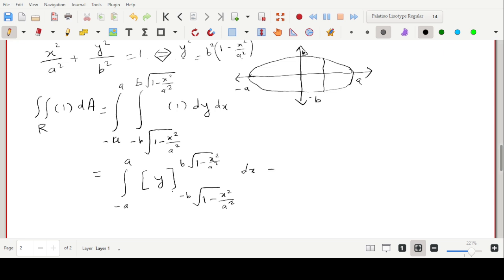All right. So substitute for y, so that is this minus of this, so 2 times b square root of 1 minus x square over a square dx.